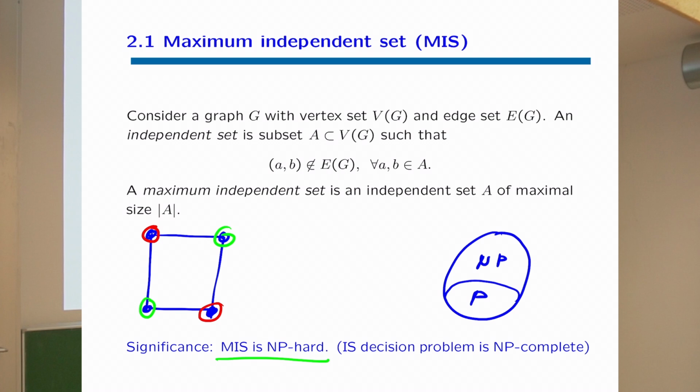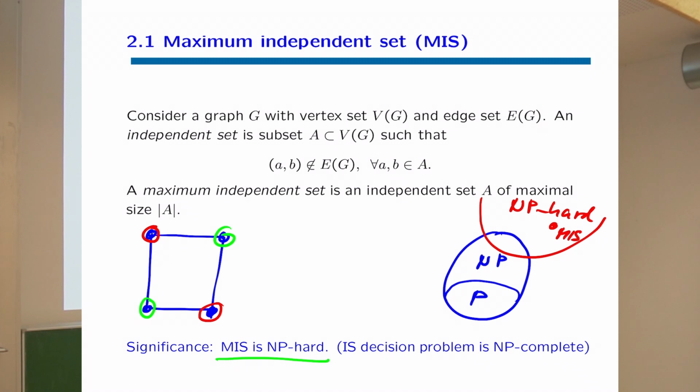Okay, so we have to talk about what NP hard is, and maybe also what NP complete is. So let's begin with NP hard. So this is NP hard. And now our problem here, MIS, is somewhere here.